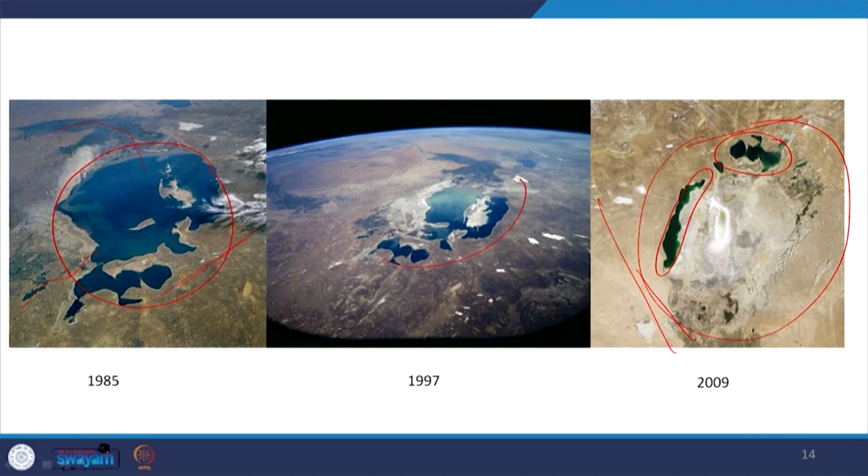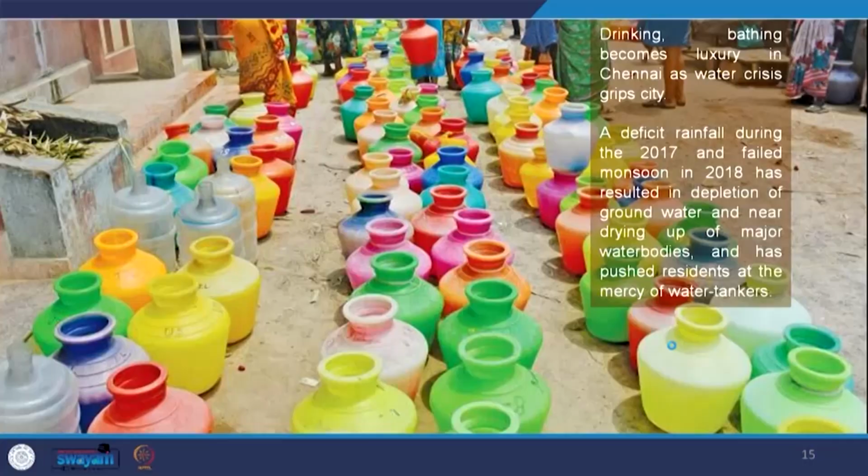This is how water bodies are shrinking. This is just one of the examples. There are several such examples.